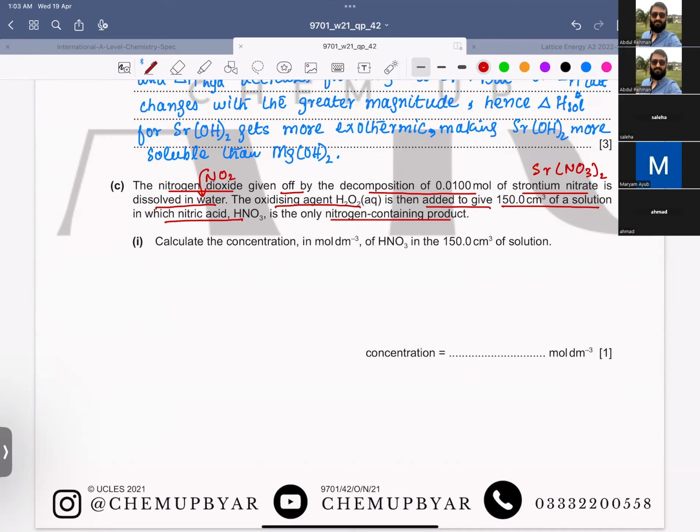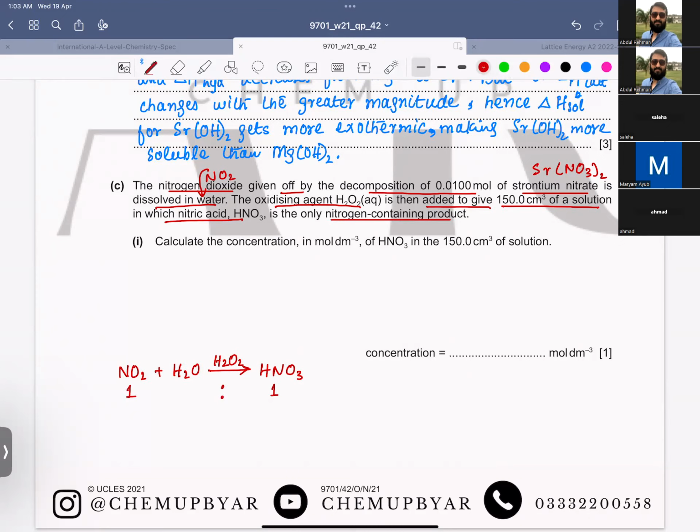So what would happen first? That NO2 is dissolved in water. And then H2O2 would be added to form HNO3. So if you take the ratio, these two nitrogen containing products are exactly the same.